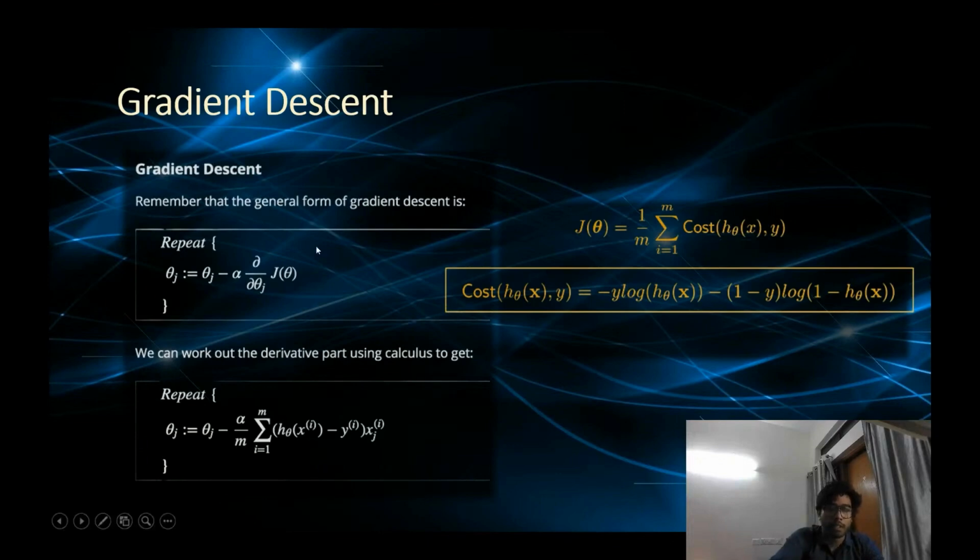But in this gradient descent algorithm, which again I have explained in one of the earlier lectures, what you do is you update the theta parameters, for example, b naught or b1. In this case, you have only two parameters, b naught and b1, or you can say theta naught and theta 1, right?